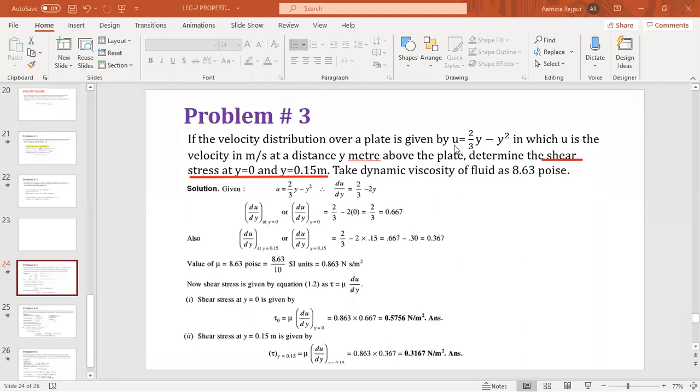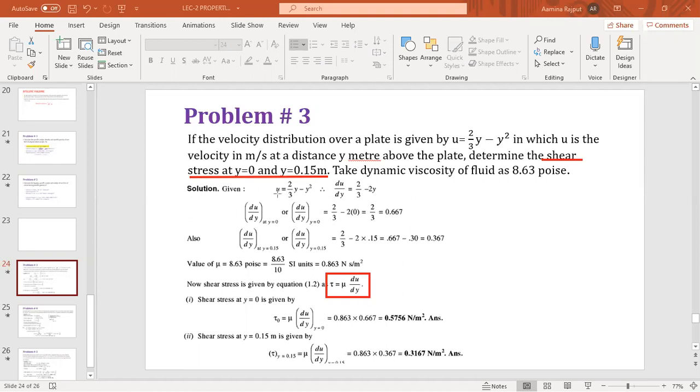So the given data is the expression of u, the velocity, which is 2/3 y minus y square. As we are aware of Newton's law of viscosity, which states that the shear stress is equal to dynamic viscosity into rate of shear strain, that is tau is equal to mu du over dy. So u is given, so we have to determine du over dy.